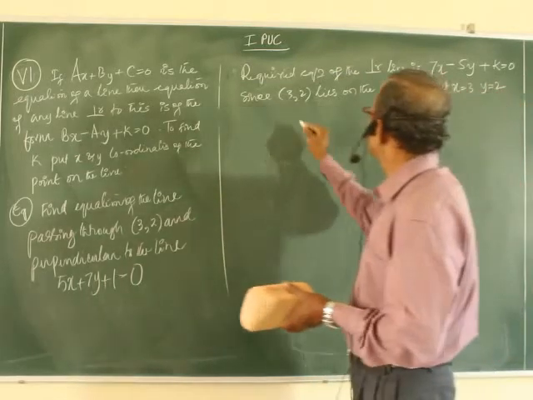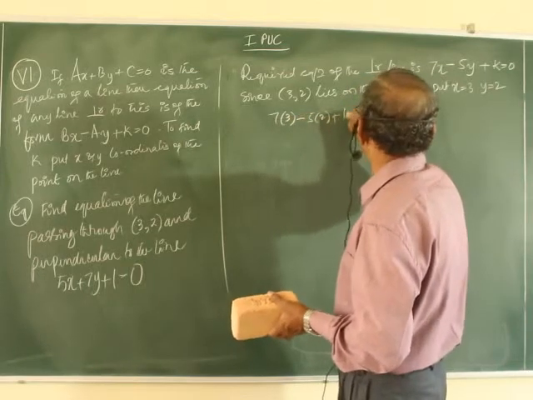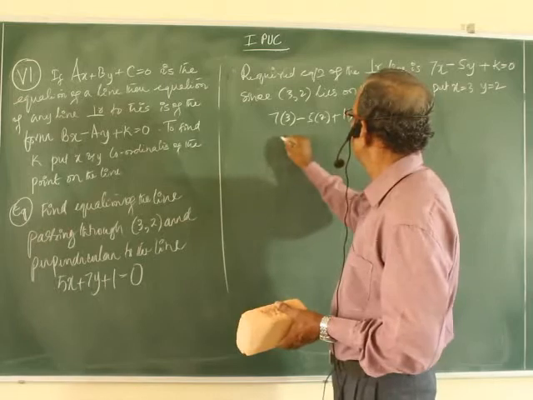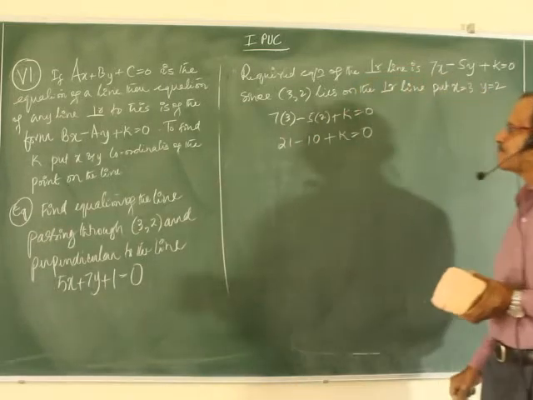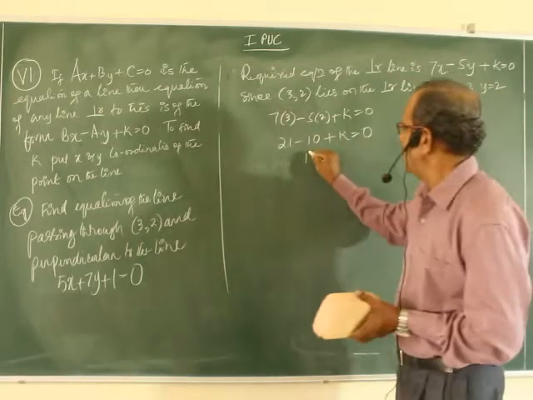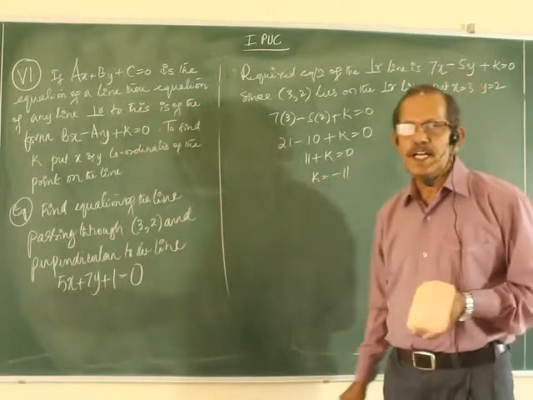What you get? 7 into 3, 5 into 2, plus k equal to 0. 21 minus 10, plus k equal to 0. 11 plus k equal to 0, or k equal to minus 11.